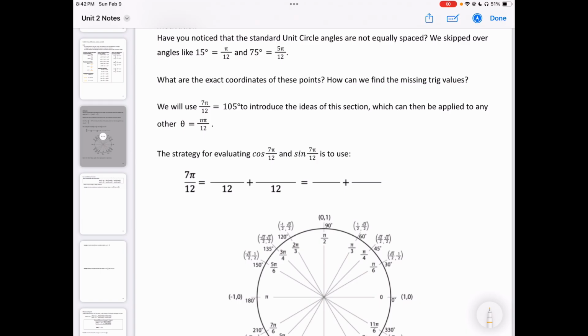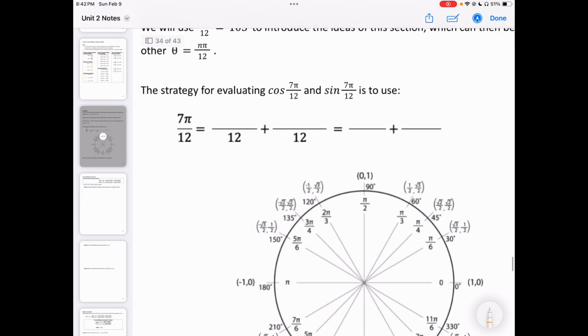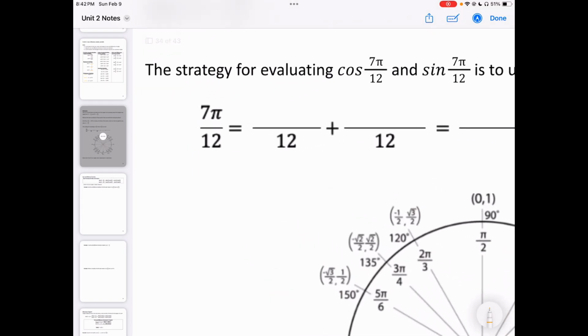Okay. And one way to do that is to come up with two other numbers that we know to get to 15 degrees or to get to pi over 12. Okay. So in this case, if we're working with radians, let's see what two numbers we could add up to get to 7 pi over 12 that would end up being convenient values for us to use.